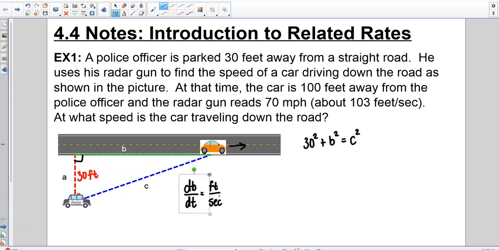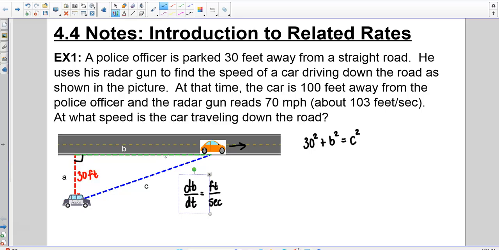So that gives me dB/dt, which is the rate the length B is changing, in feet per second. That's how fast the car is going, right? Because the length B is changing is how far it's going down the road. So the rate of change of that length is the speed of the car.